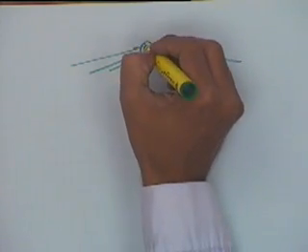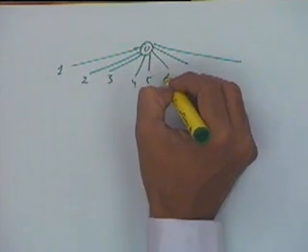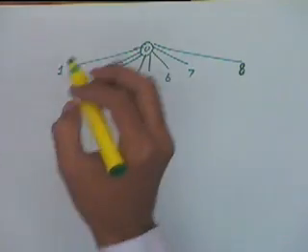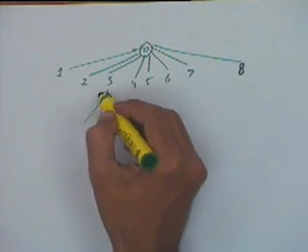If this is my root node 0, it will have 8 children, 1 through 8. And each of these nodes will be either a 0 or a 1, or it will again have 8 children after that.